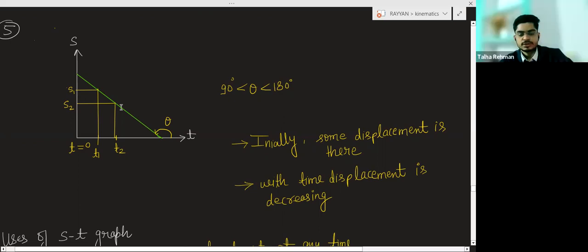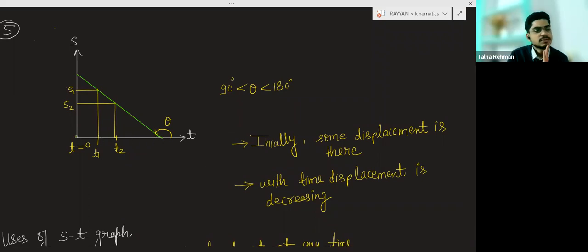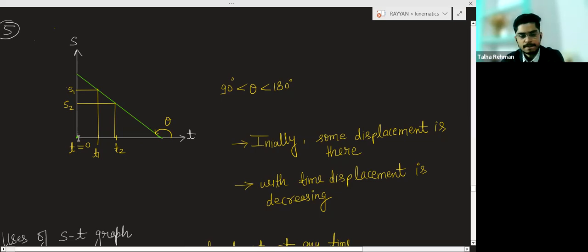Okay, so you can see here, this is the graph between the displacement and time. And this graph is a straight line graph, but sloping like this. Now, see, this is the initial condition. T is equal to 0 initially.